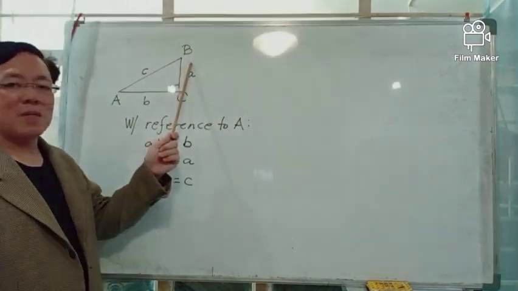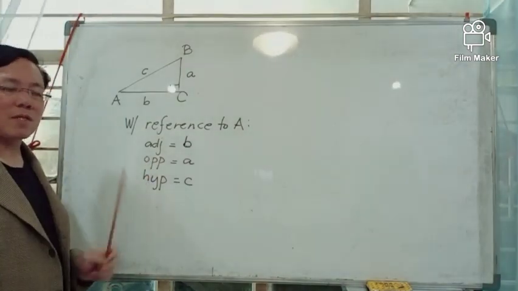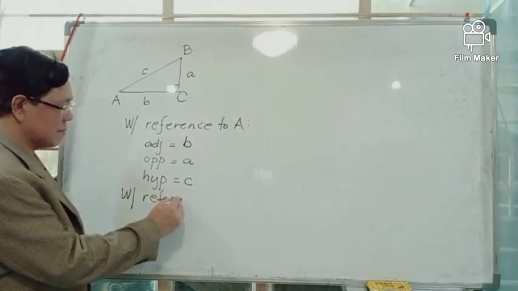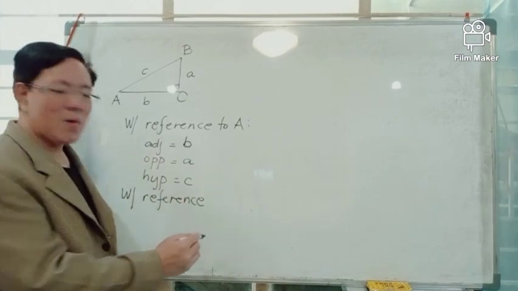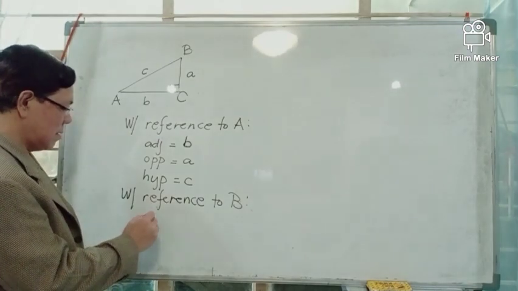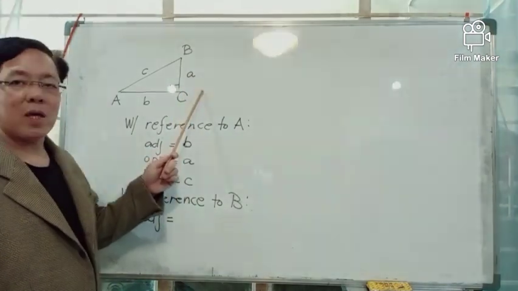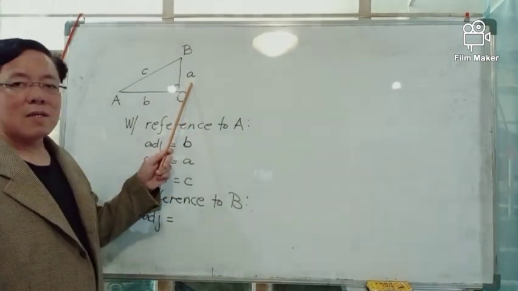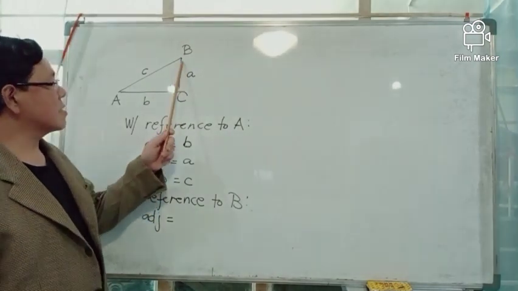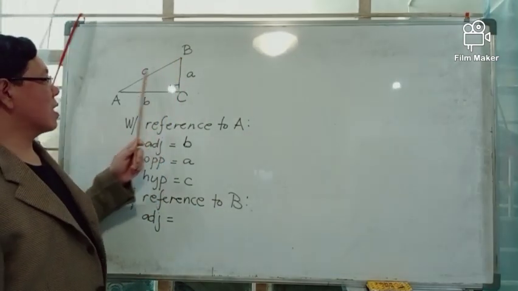Now we consider angle B, the acute angle B, and we identify the adjacent side and the opposite side with reference to angle B. The adjacent side now is small a, the side through the vertices B and C, because this is the side small a that forms this acute angle B with the hypotenuse.